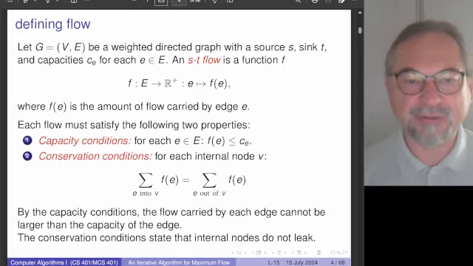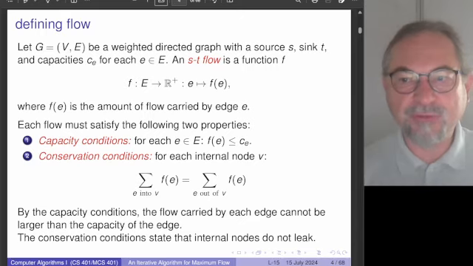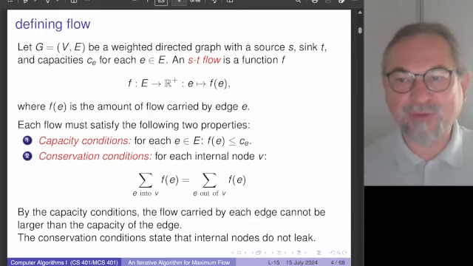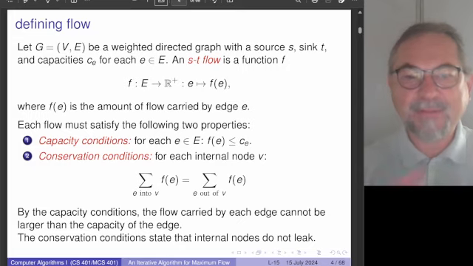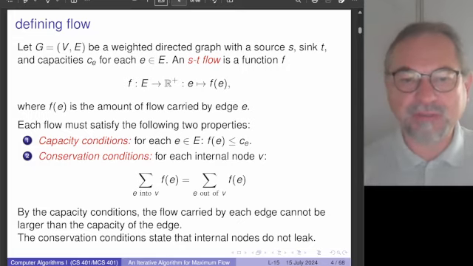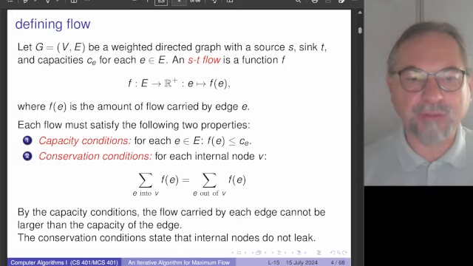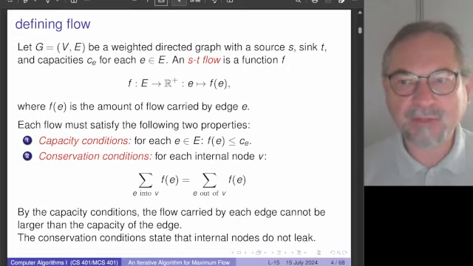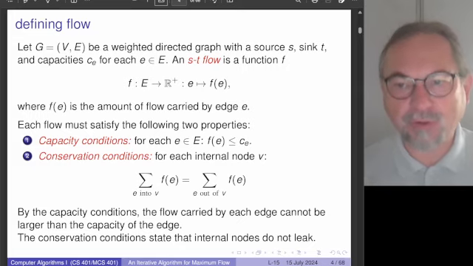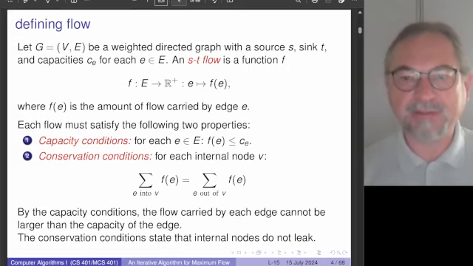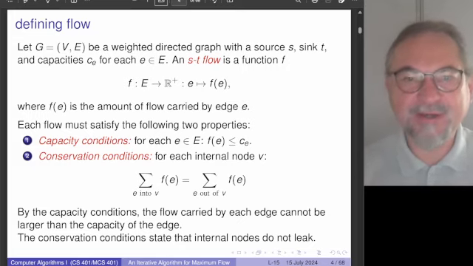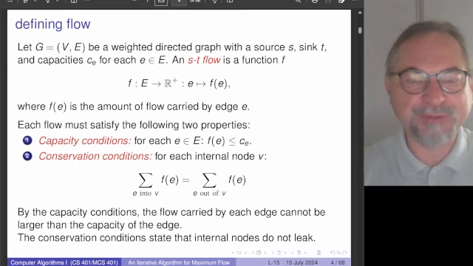So there is this conservation. So in going from the sink to the source, we have internal nodes and they do not leak. So we don't put more flow than the capacity. Our pipes don't stretch, and there are no leaks, in the plumber terminology.